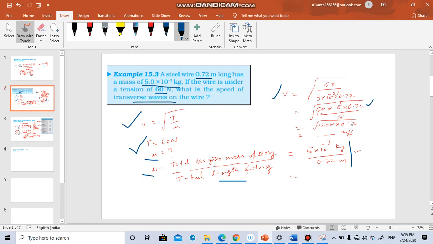0.72 will go to the numerator, and once you solve this, it is 12,000 into 0.72. Just calculate, and let me see how much you're going to get.